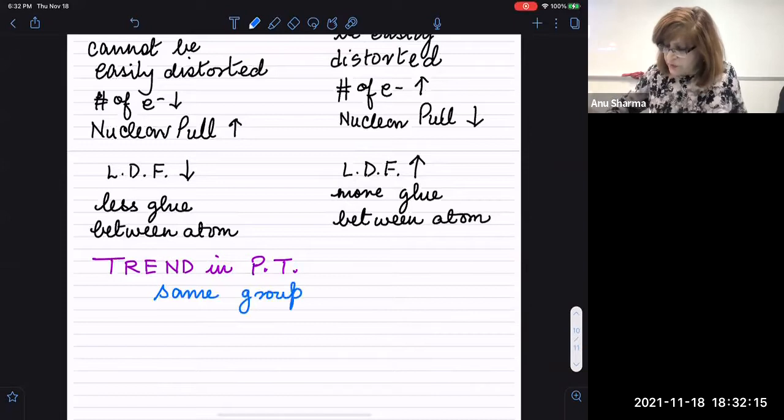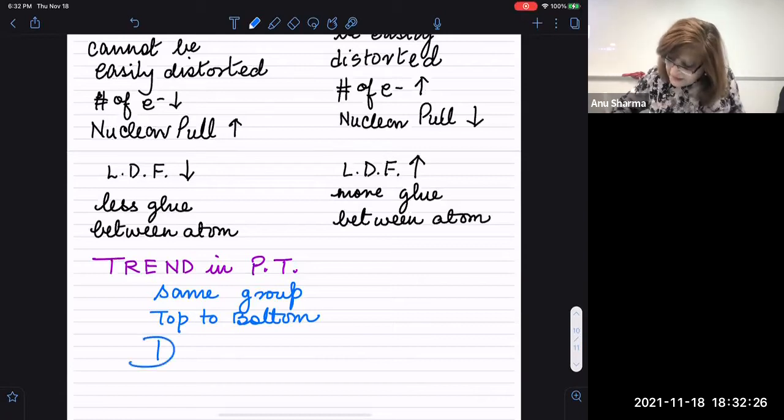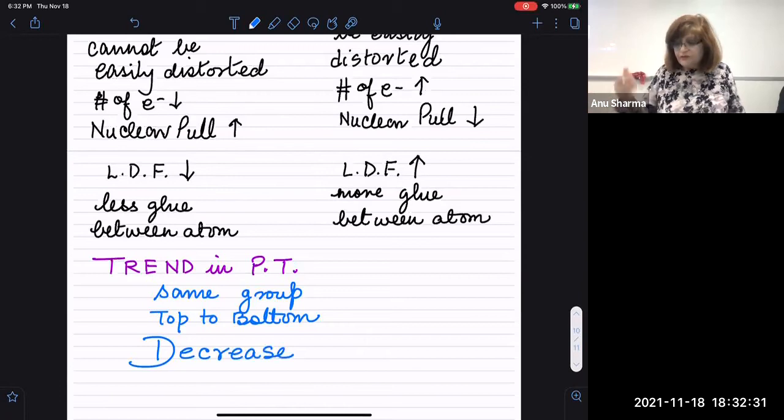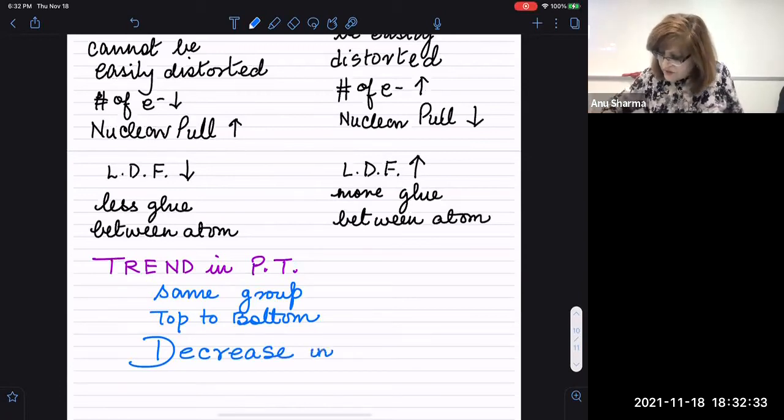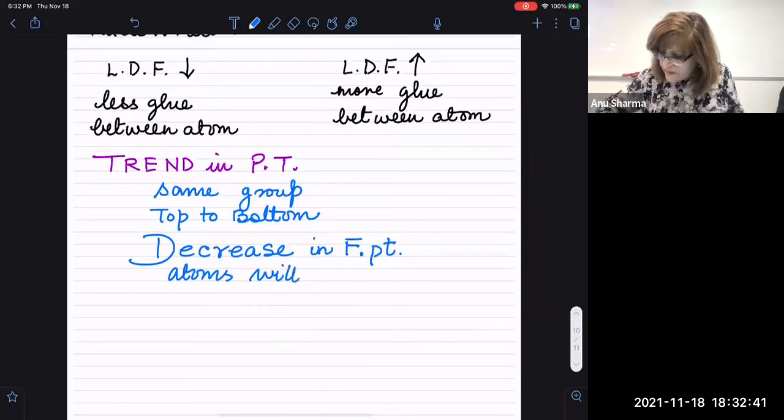So the trend in the periodic table is that when you go in the same group from top to bottom, there is a decrease in the freezing point. In other words, the atoms will freeze faster, or quickly.